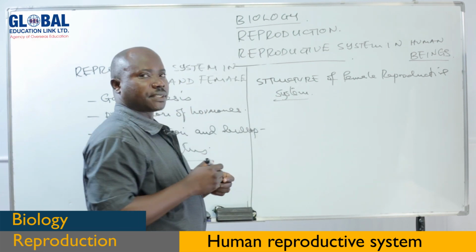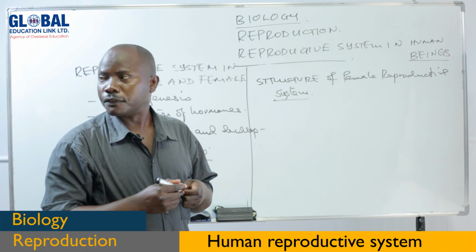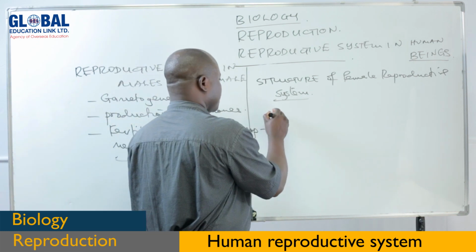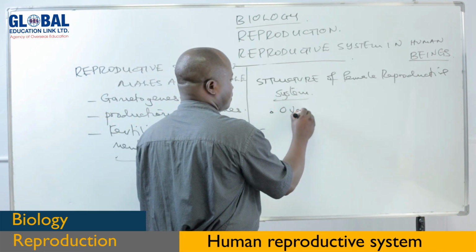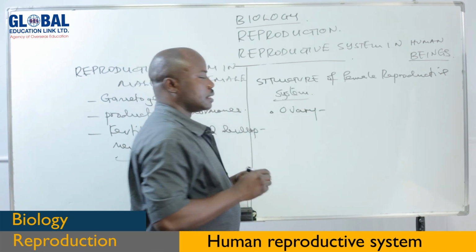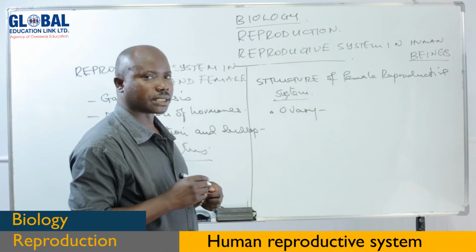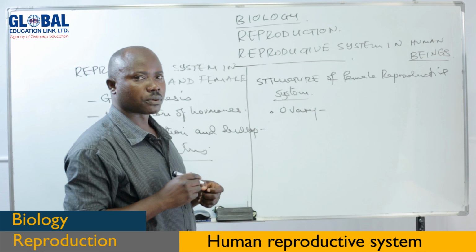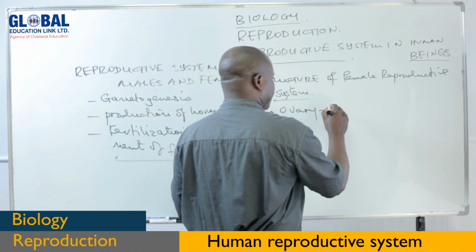The female reproductive system consists of ovary, this is the center where gametogenesis takes place and hormone production takes place.